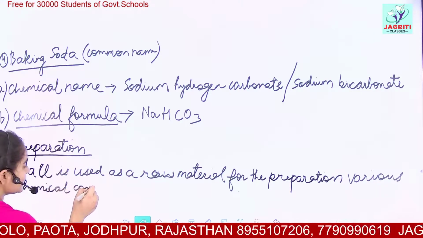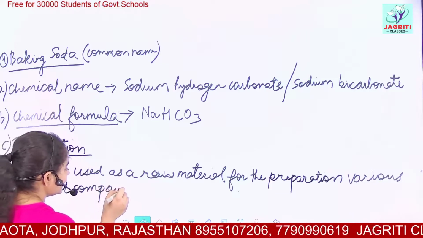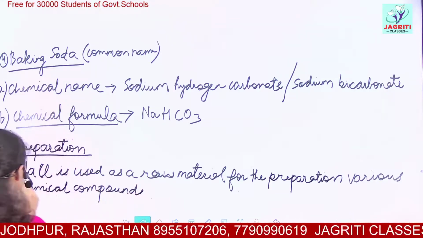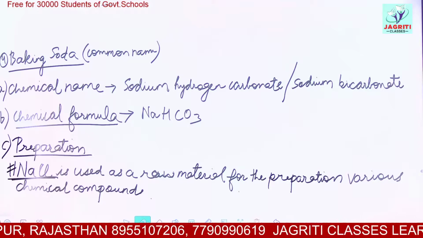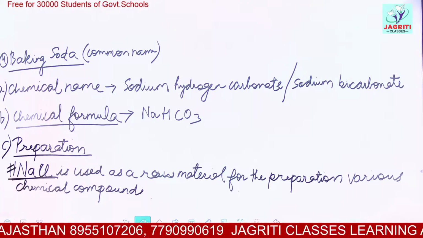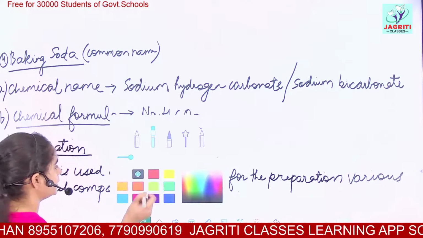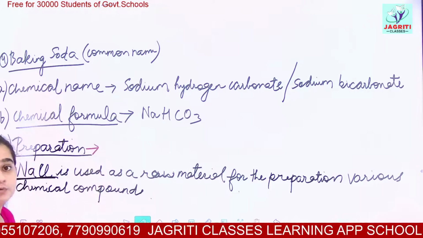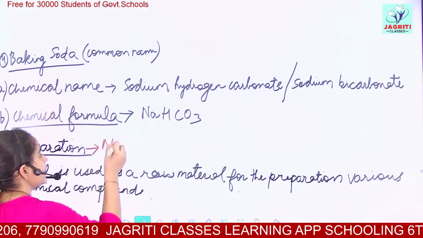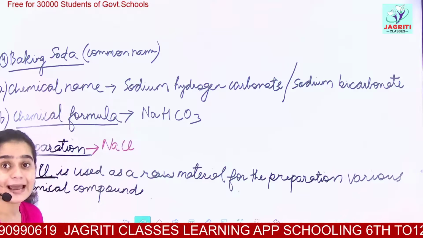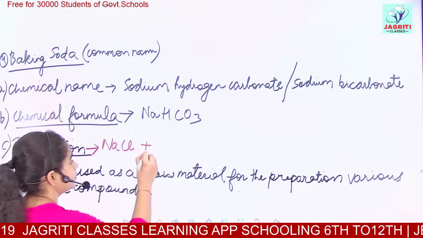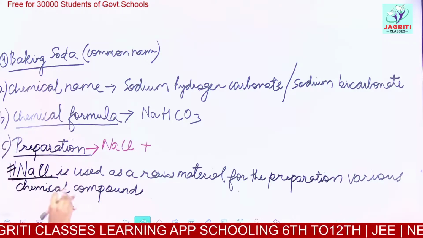So NaCl is very important. We studied it in the beginning, the process of formation and electrolysis. Now for the preparation, we'll use NaCl only here. We take NaCl as a raw material or reactant, and then we add three things: water, CO2 and ammonia.